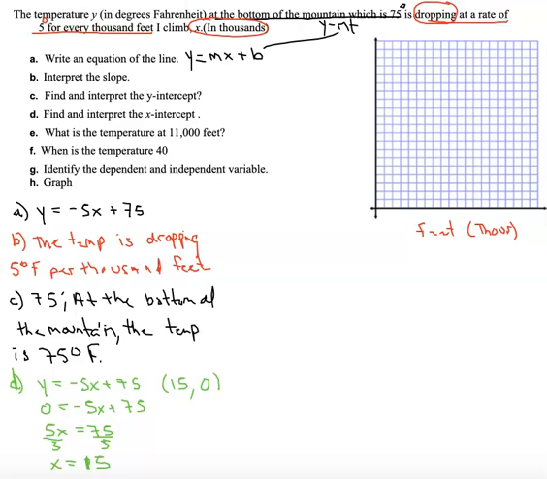Y is my degrees Fahrenheit. So when I have the coordinate 15, 0, what does that mean? Yeah, at 15,000 feet the temp is 0 degrees Fahrenheit.